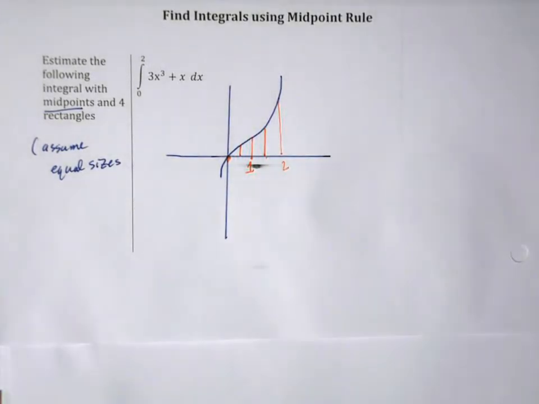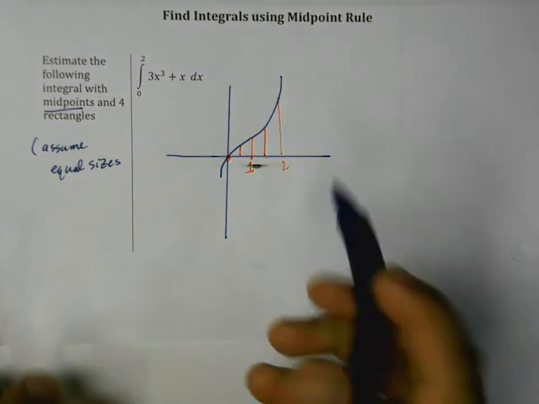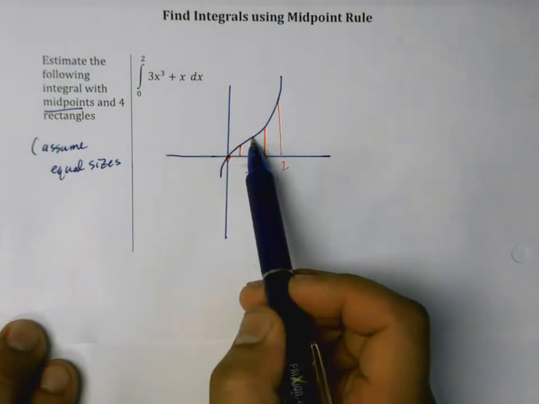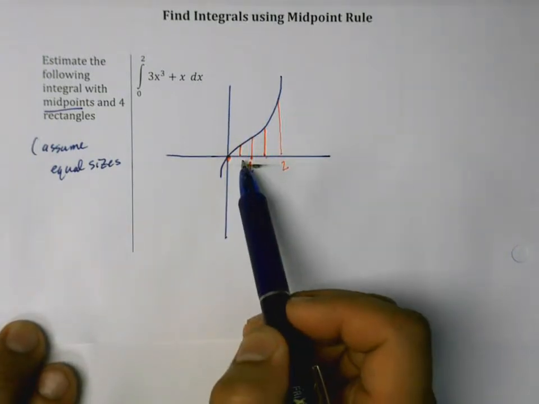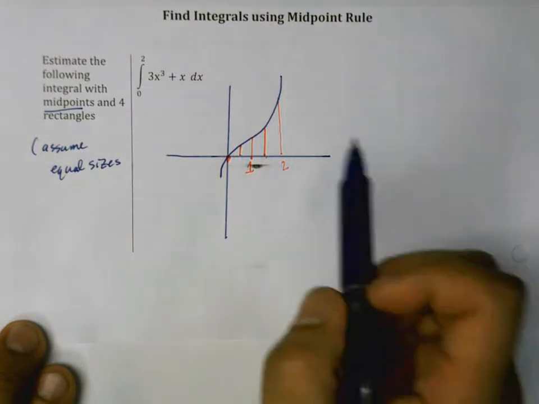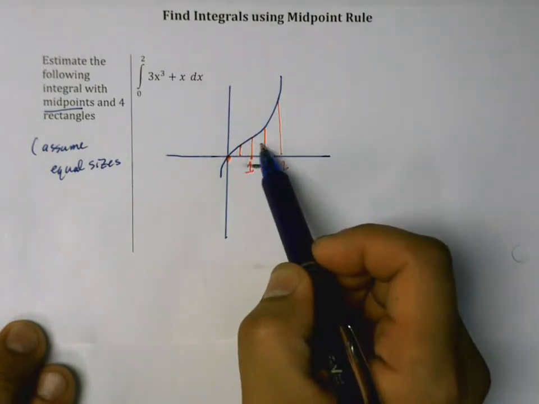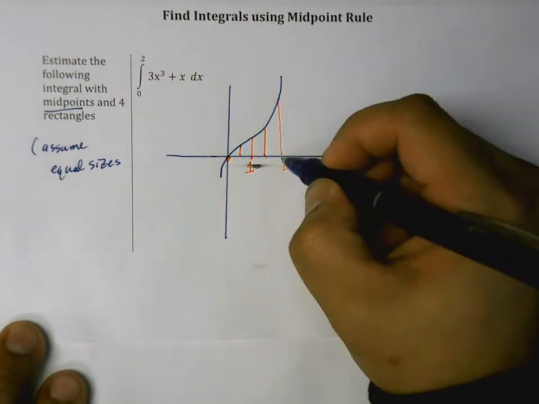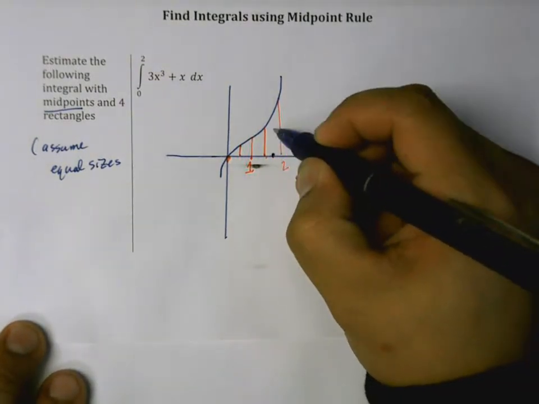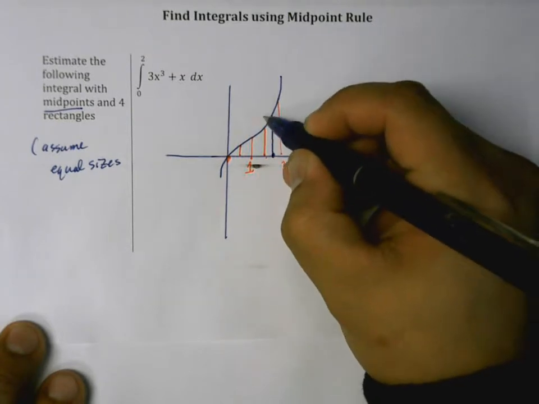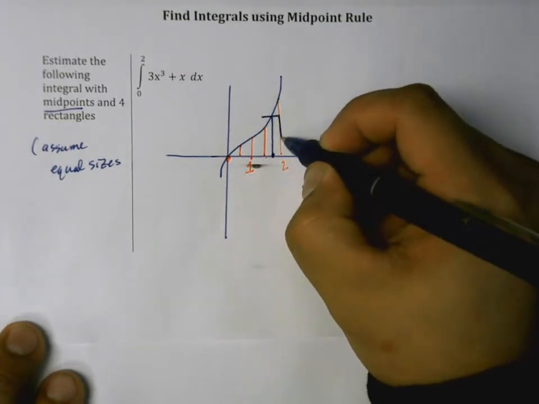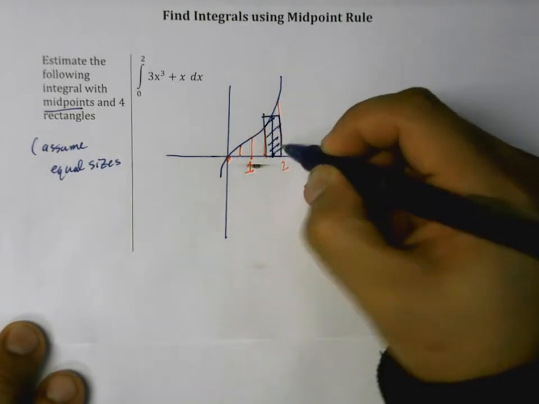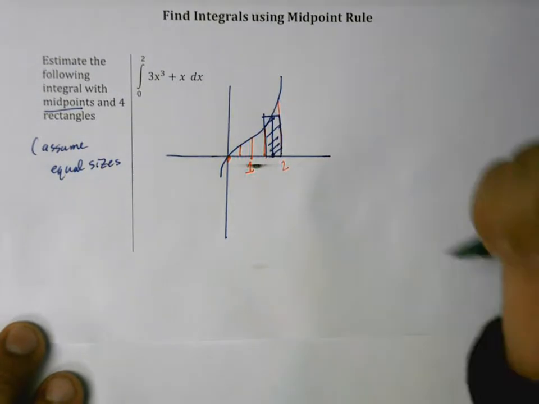Now the thing about midpoint is that for RRAM, or the right rectangle, you use this length. For the LRAM, you use the leftmost stick. And for this, we just find the midpoints between here, and we use that to form the rectangles. So that's going to be one of our rectangles. Let me use a different color pen here.